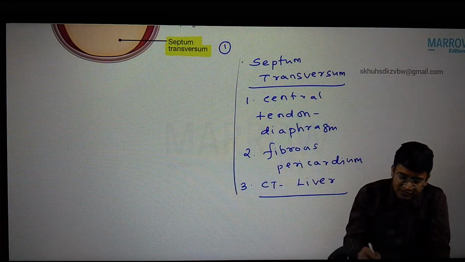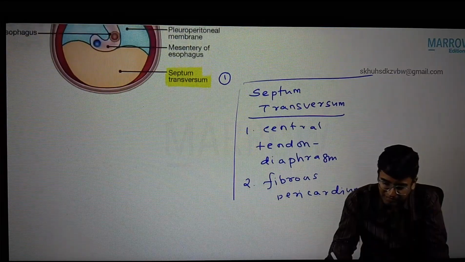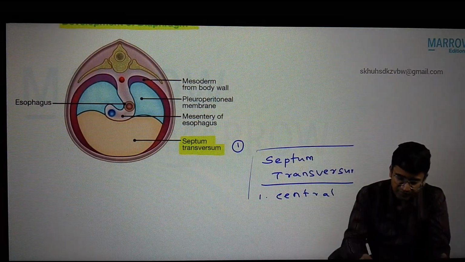So septum transversum is not only giving contribution to the diaphragm, it is also forming the pericardium and the connective tissues in the liver. That's the first source.